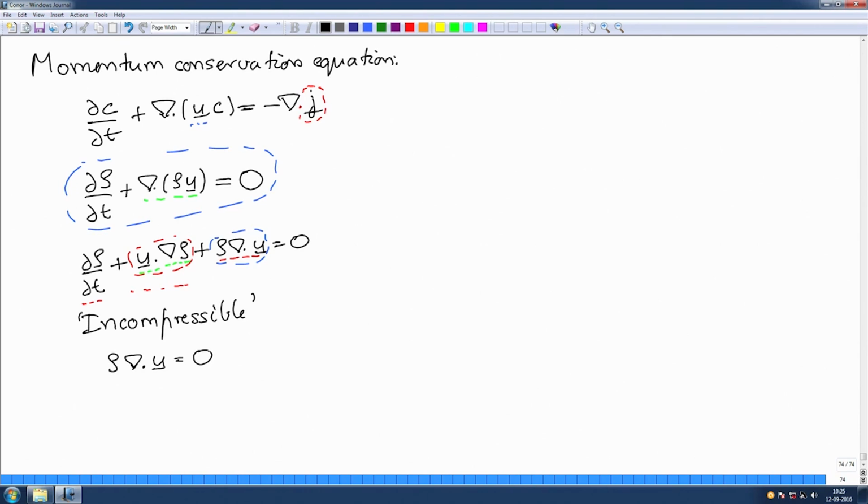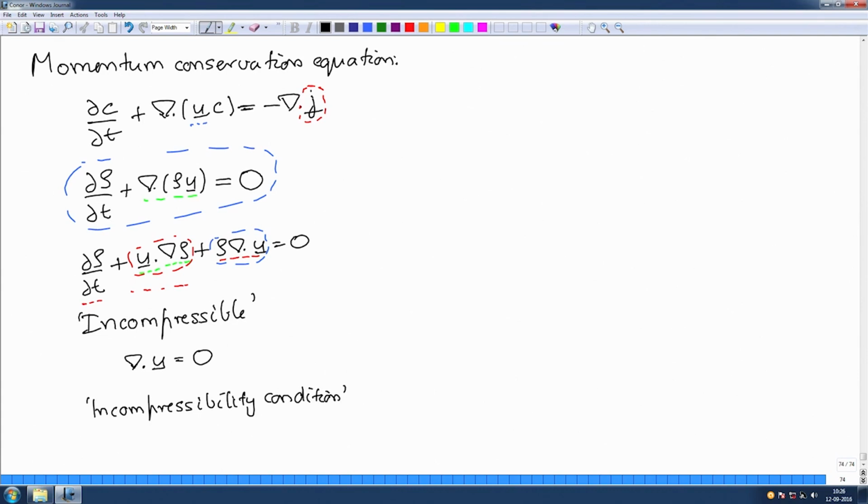I can divide both sides by the density, and therefore, this is called the incompressibility condition. It basically reduces to divergence of velocity is equal to 0. So, that is the mass conservation equation for a Newtonian fluid.